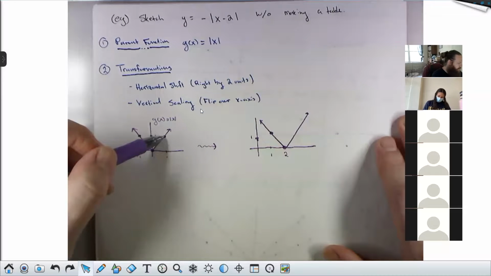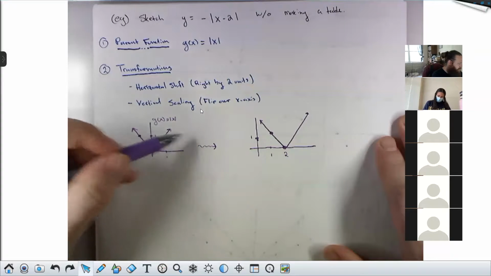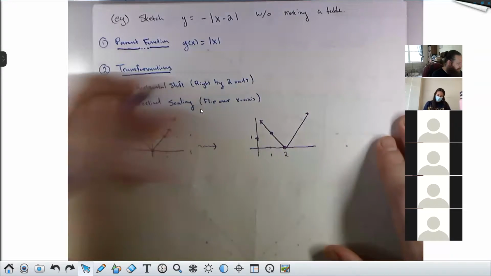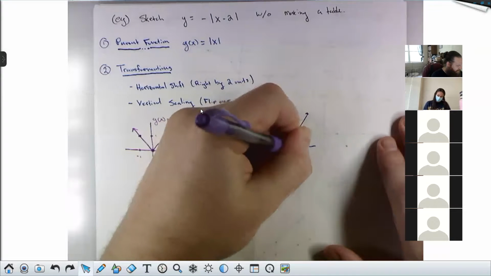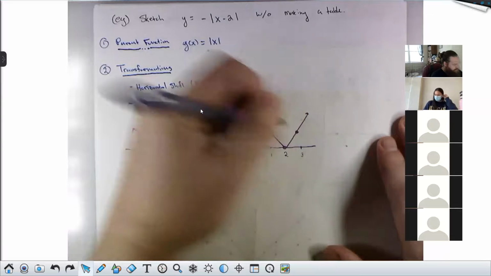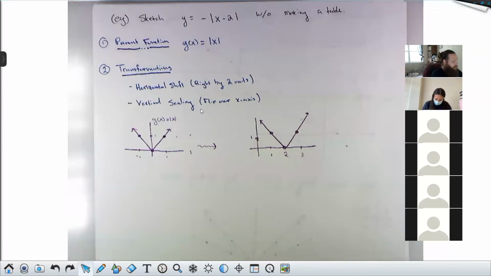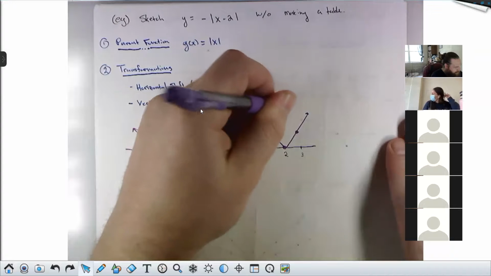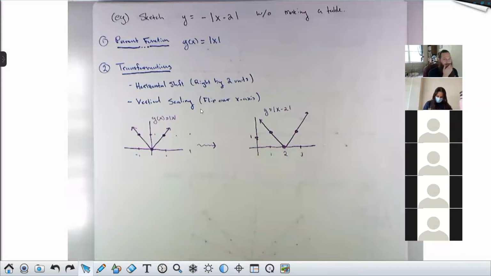And (1, 1), if I move that to the right by 2, it's going to go to (2, 1). I'm sorry, (3, 1). And what graph is this? This is y equals the absolute value of x minus 2.